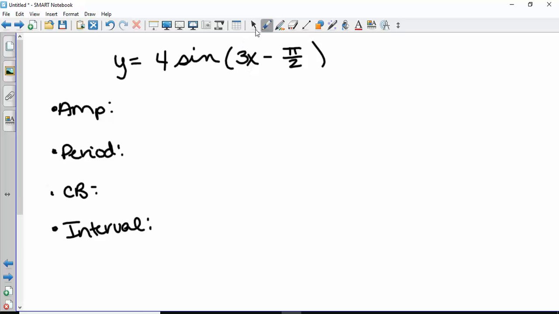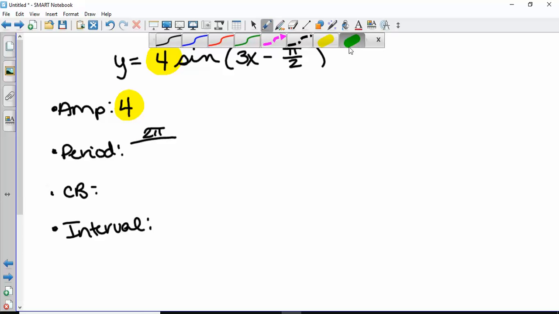How do you find your amplitude? Yeah, so amplitude is 4. Period is 2 pi divided by what? Yeah, the number with your x. So 2 pi over 3.